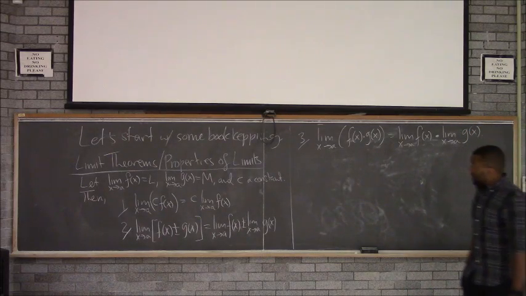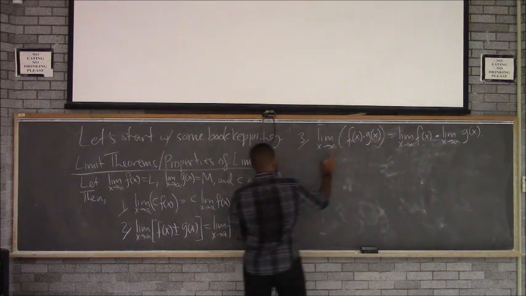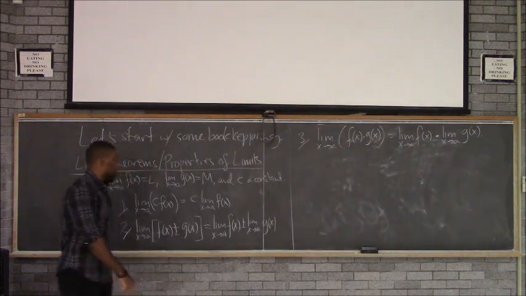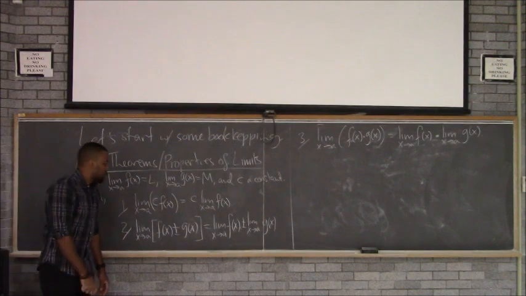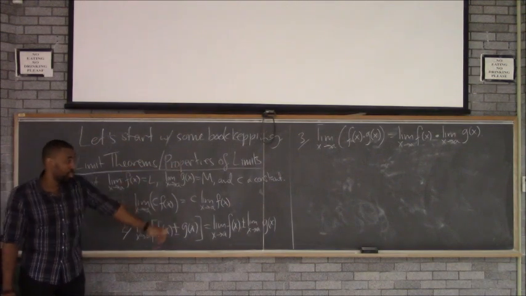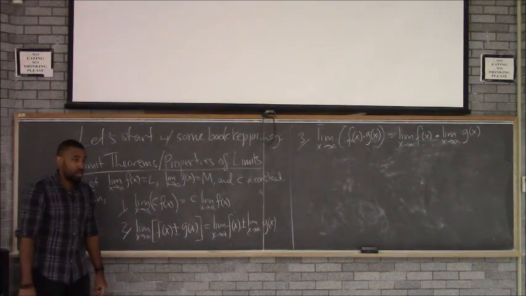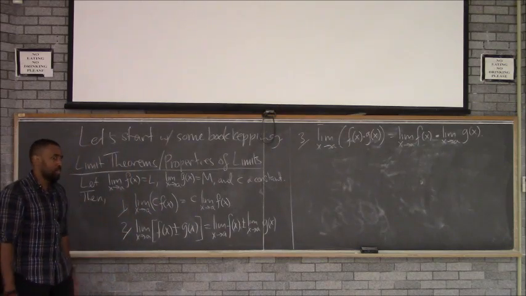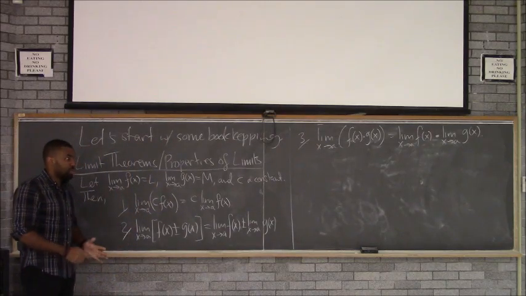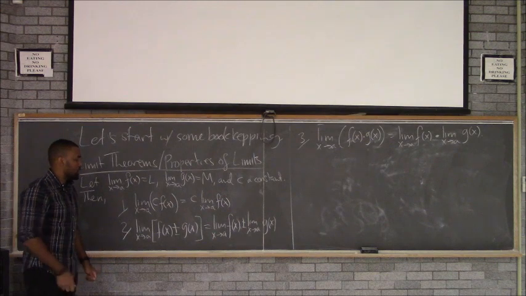Now that's something pretty nifty. As you are aware, not all things do both, right? So if we're talking about powers, for example, they distribute across products, but they do not distribute across sums. So that was one of the blasphemies, right? So I just want you to be aware, limits are actually very nice in terms of the things you can do with them. They kind of distribute whenever you feel like they should.